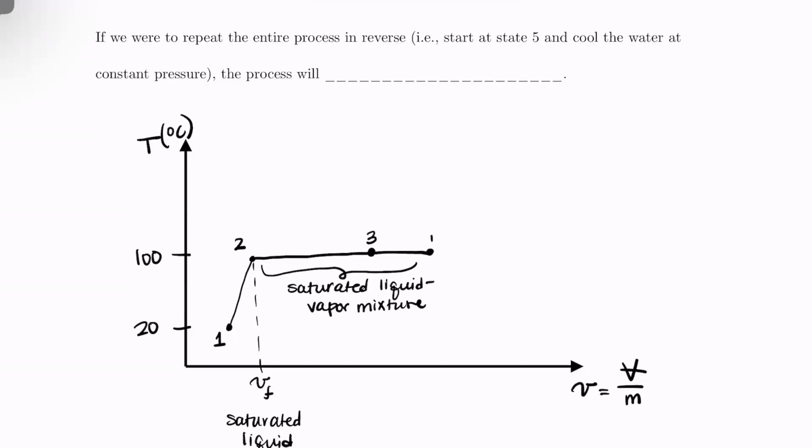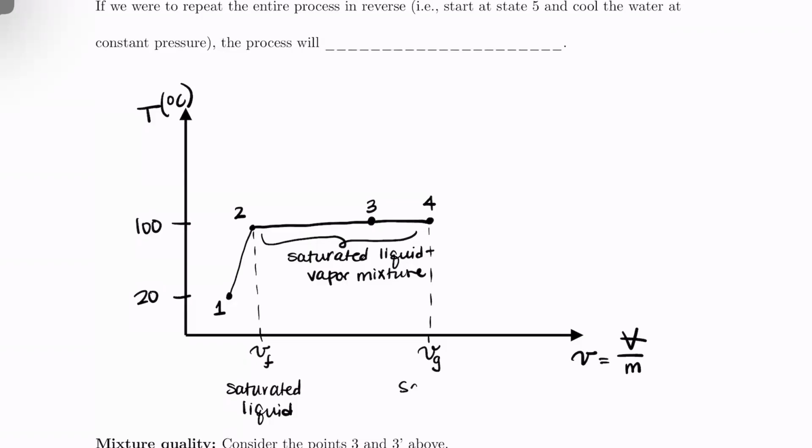And then at state 4, which is our saturated vapor, which has specific volume VG. So this is our saturated vapor. Then as we continue to heat it, we go up on a curve like this to get to state 5, which is a superheated vapor.